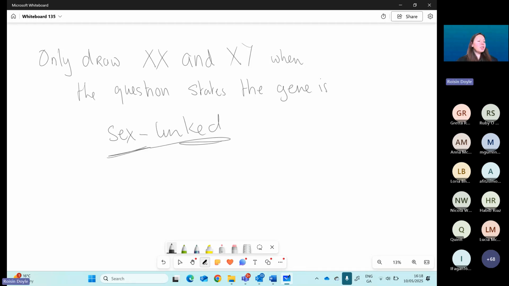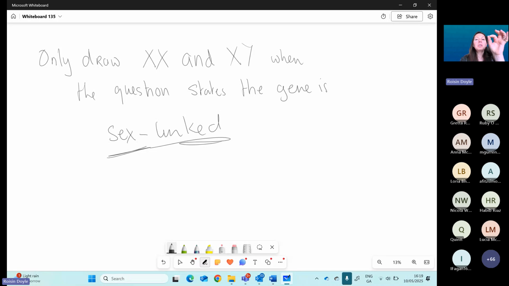If the question does not state that it is sex-linked, or if the question does not state that they want you to draw XX and XY, I don't want to see it. So many times. Today we were talking about a male wolf and a female wolf, and immediately students started drawing XX and XY.